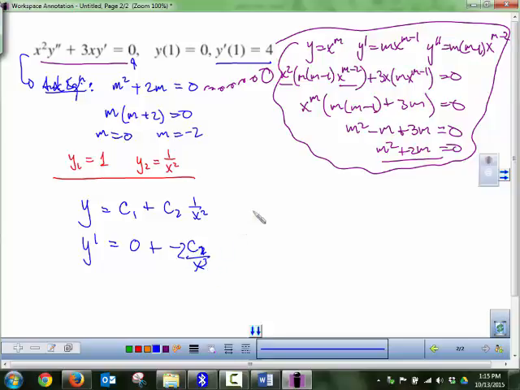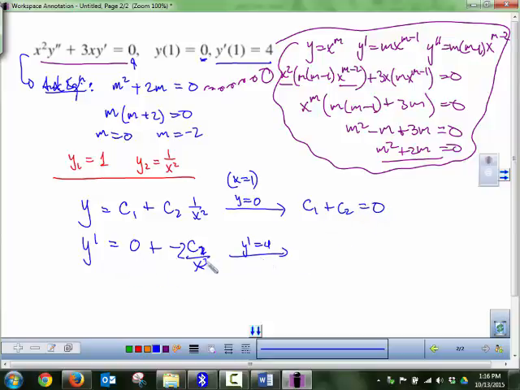Okay. So let's put in our initial conditions where x is equal to 1 and y is equal to 0 according to this one, and y prime is equal to 4 according to the second one. So when x is equal to 1, I have C1 plus C2, that's supposed to equal 0.